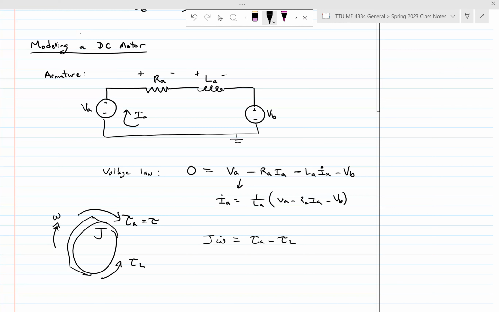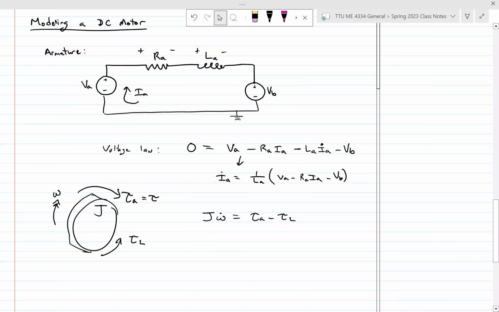Okay. All right. So now we need the critical part here. These are just two separate systems up to this point, right? The critical part with our motors is that motor torque is proportional to what?